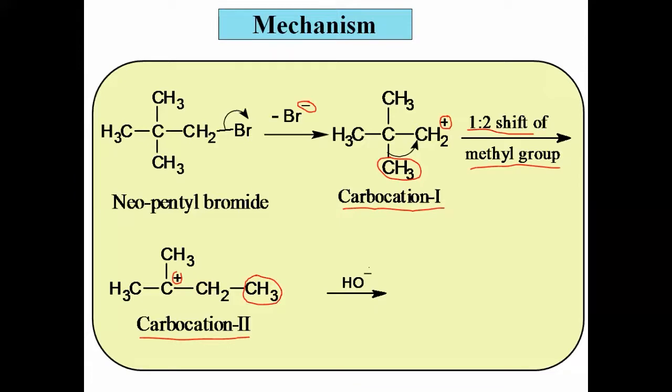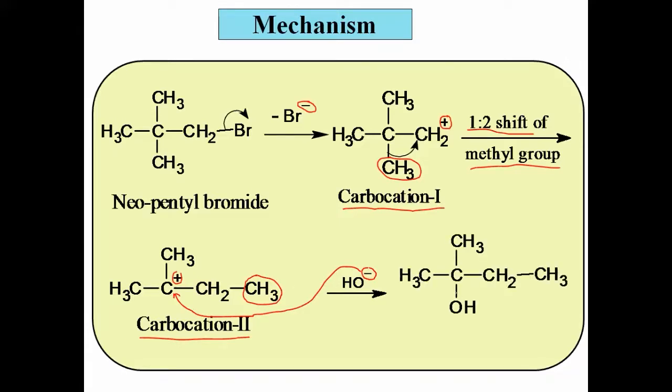Now let us see the next step. Now in the next step, our nucleophile, our OH minus, we are using alkali, means there is a nucleophile. Now this nucleophile attacks the positively charged carbon and forms a bond with that carbon. तो कार्बन बरोबर बॉन्ड तयार करतो and there is the formation of bond between carbon and OH.